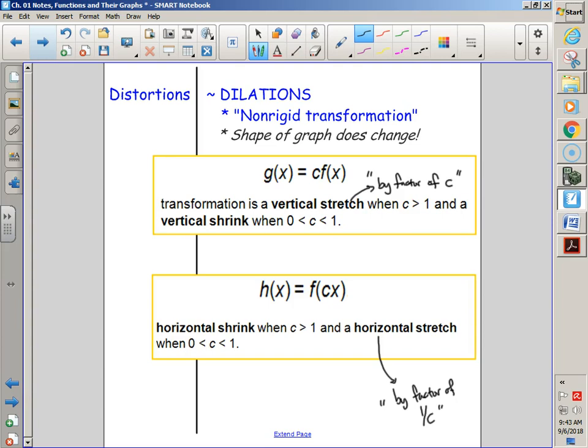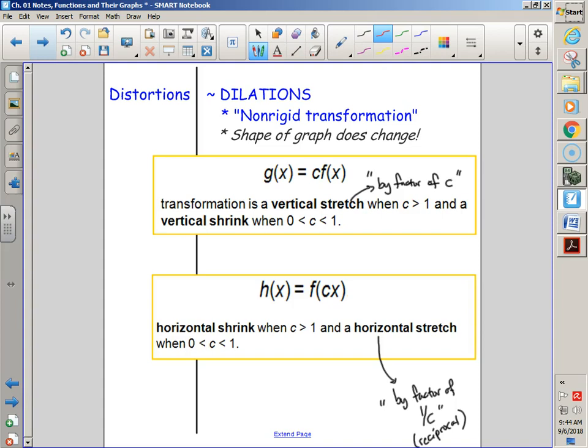Vertical, it's by a factor of what you see itself. Horizontal is going to be by a factor of the reciprocal of what you see. Now, technically, whether it's stretching or shrinking is up to you as to whether it's growing or getting smaller.